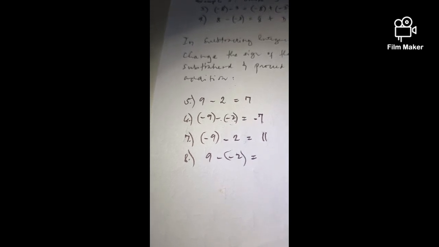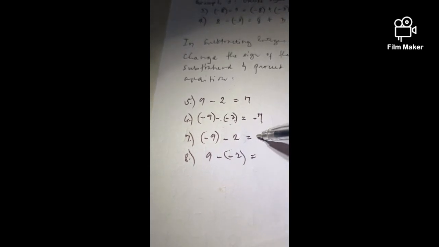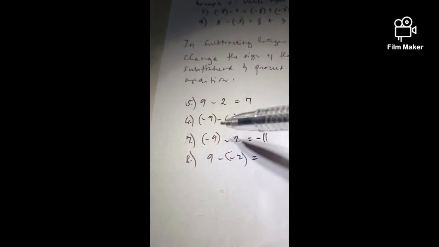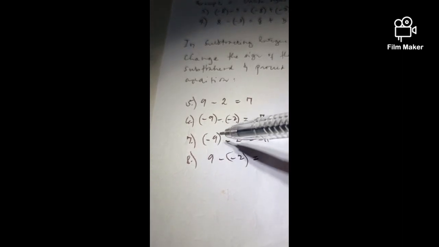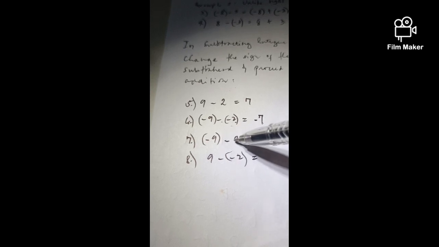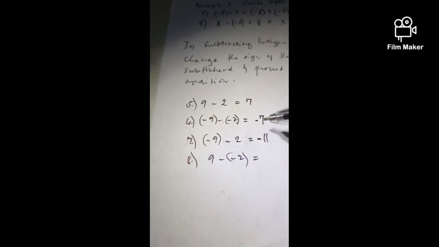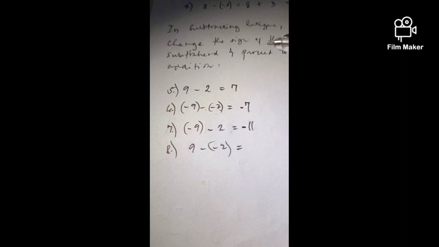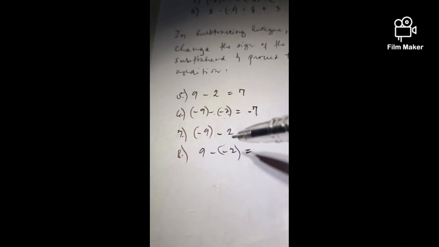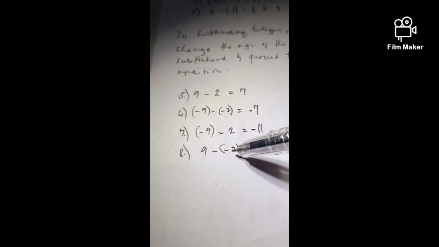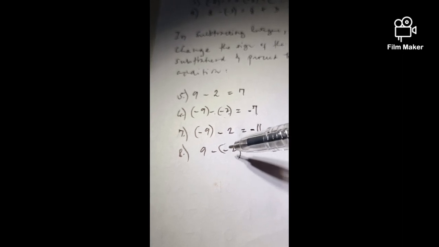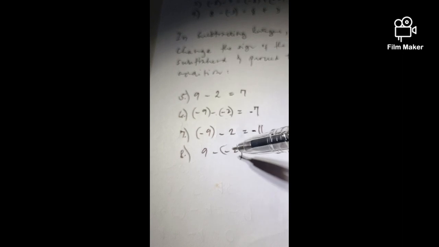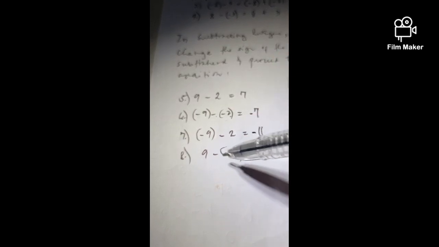Kasi, doon sa ginawa natin, sa isip natin, negative ito, tapos addition yan. Diba? Okay. Tapos, sa number 8 naman. Positive 9, itong negative 2, i-change natin sa positive. Tapos to addition. Sa isip natin, 9 plus 2 ang nakikita natin dyan. So, that is 11. Yung kanyang common sign, positive. So, the answer is positive.